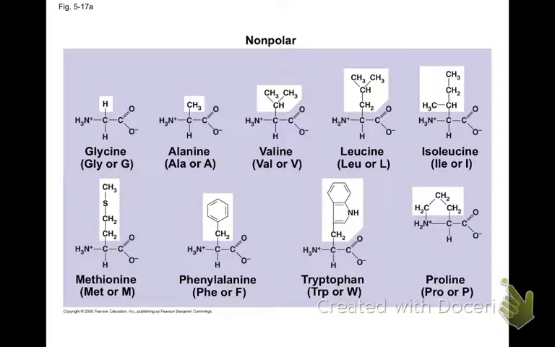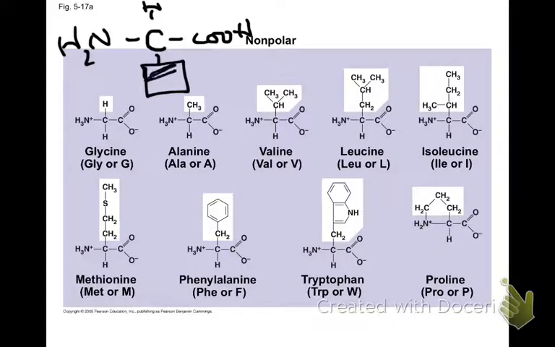Now, we are talking about the different R groups. Remember, in your standard amino acid, you have the carbon, you have the hydrogen here, you have the carboxyl group here, you have the amino group here, and you have the R group here, right? That R group can be just an H, and it will be glycine.